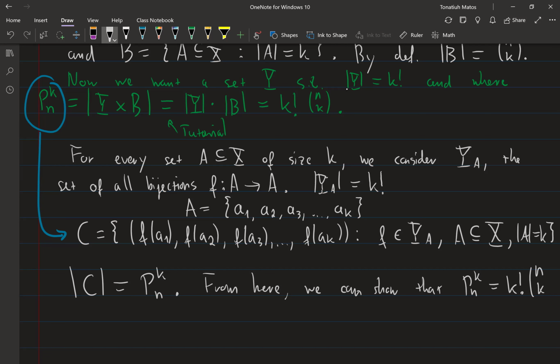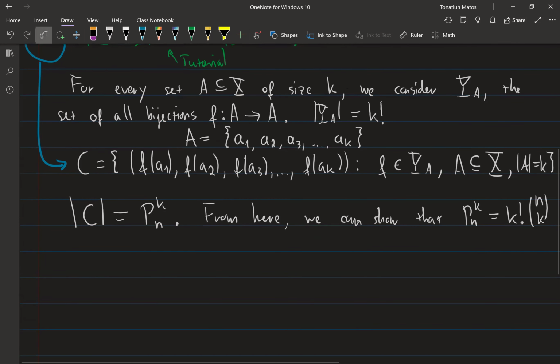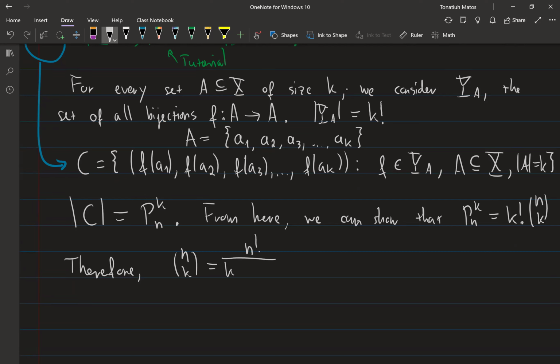And the second part is the choice of k elements. And from here, therefore, if you solve for n choose k, what you get is n factorial divided by k factorial times (n minus k) factorial, because this is P(n,k), right? So this is how you get this formula.